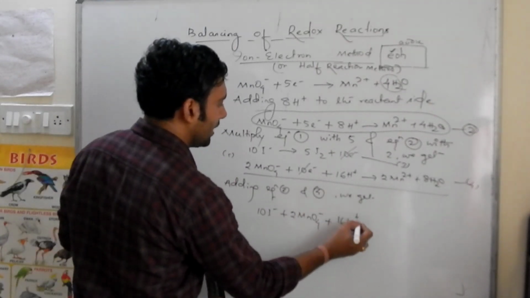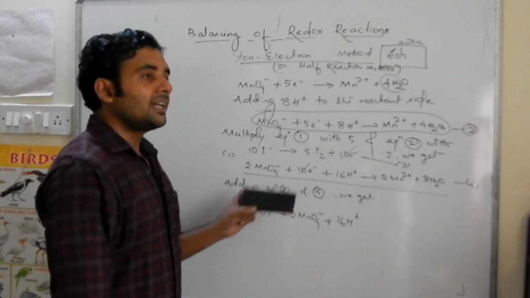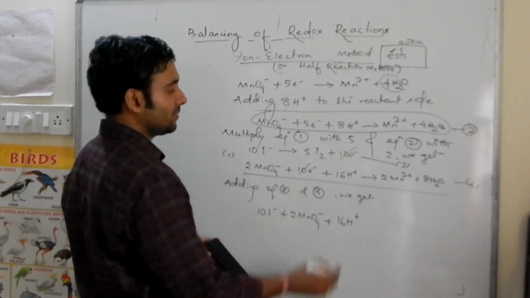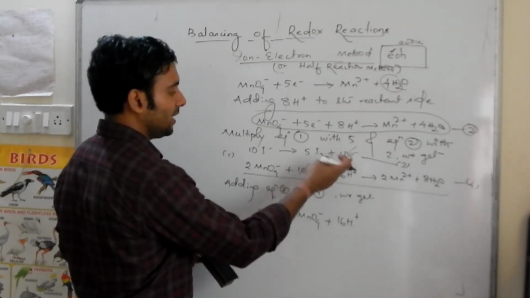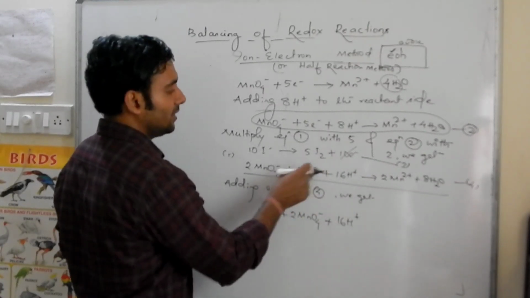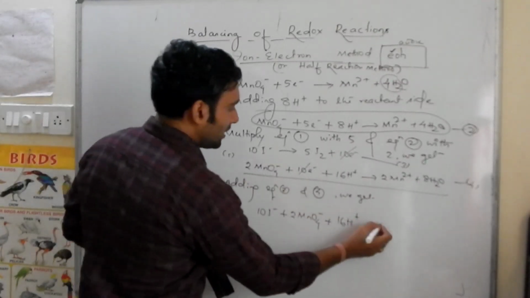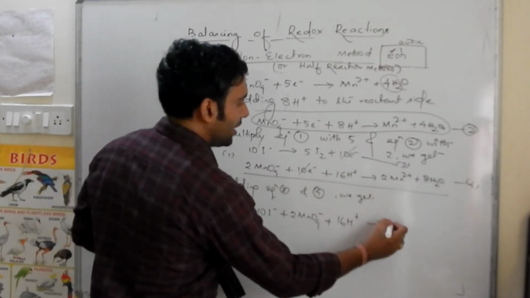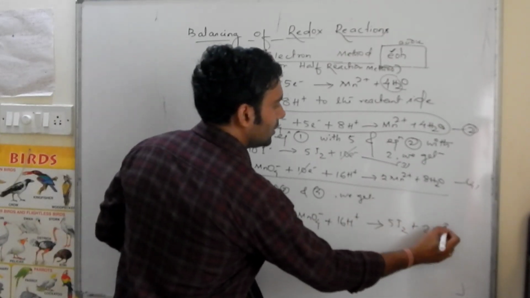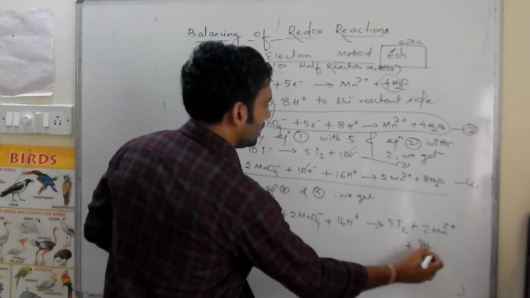Reactant is added with reactant and product is added to product, but product and reactant can be subtracted when they have the same species. For example, here there are 10 electrons on the product side, and in the other equation there are 10 electrons on the reactant side, so they get cancelled. So the reactant part is over, and this gives 5I2 plus 2Mn2+ plus 8H2O.